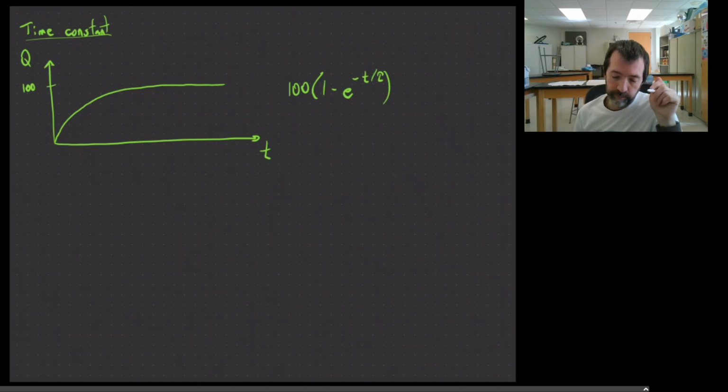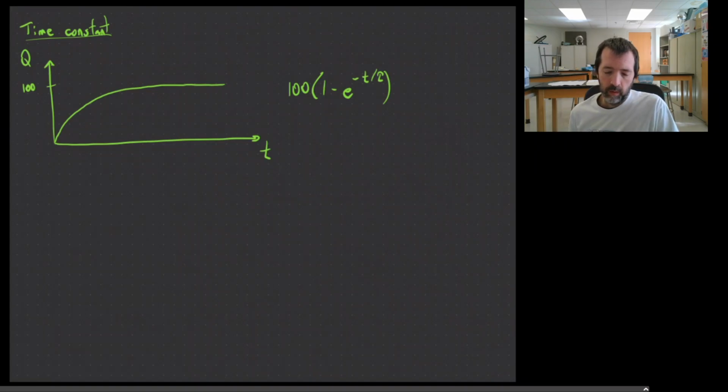So when t is equal to 0, the exponential term will be equal to 1, because e to the 0 is 1. So then I have 1 minus 1, which is 0, and so the function is 0. And indeed, the initial value of the function is 0.